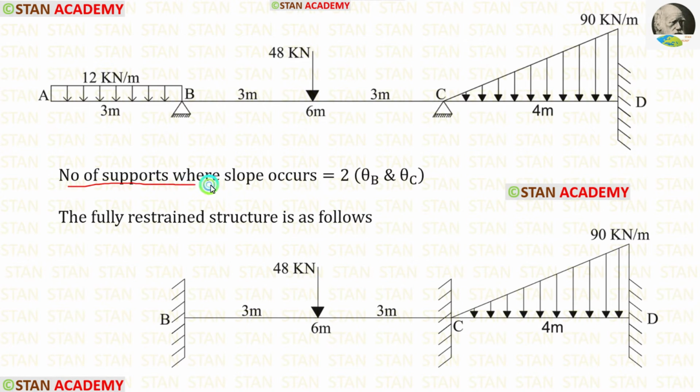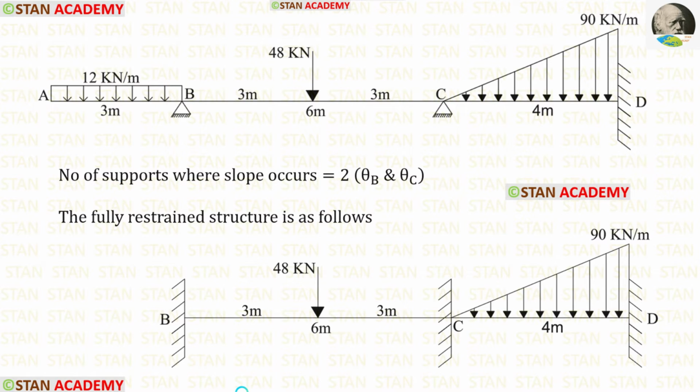So the number of supports where slope occurs is equal to 2. In the point B, there is theta B, and in the point C, there is theta C. So in this analysis, there are two unknowns. If we calculate these two unknowns, we can easily find the final moments.